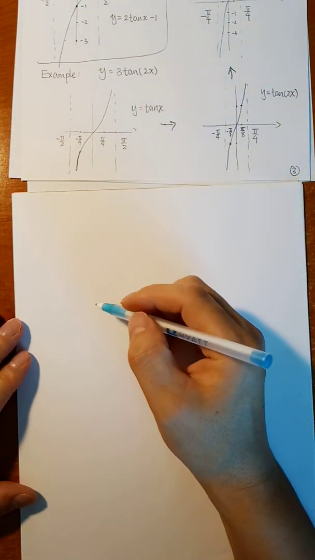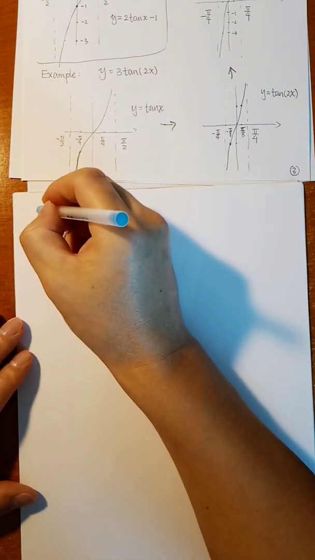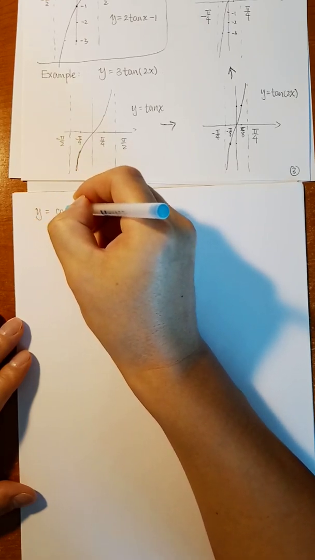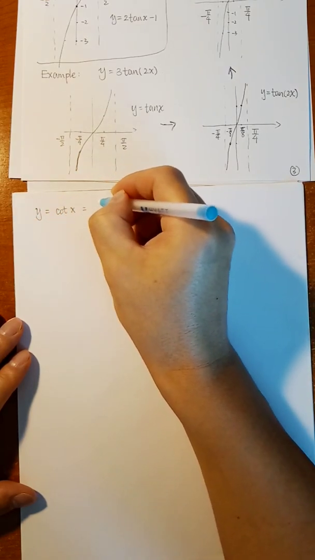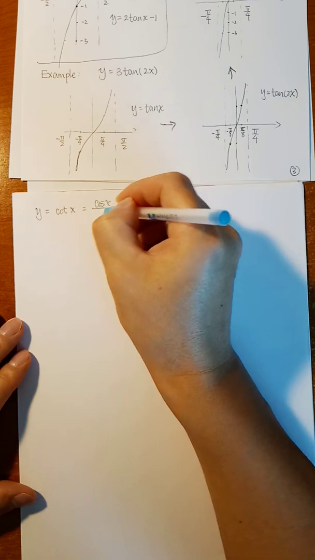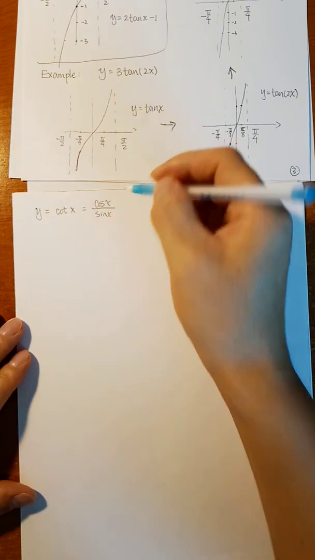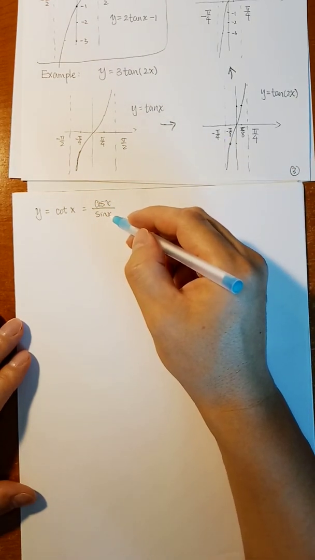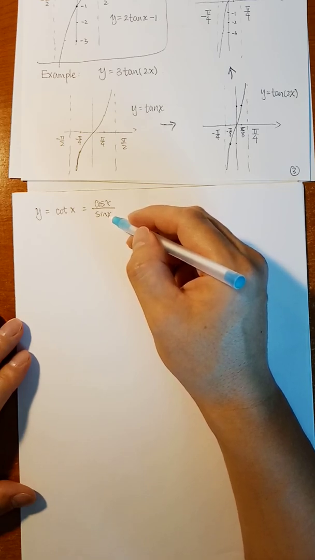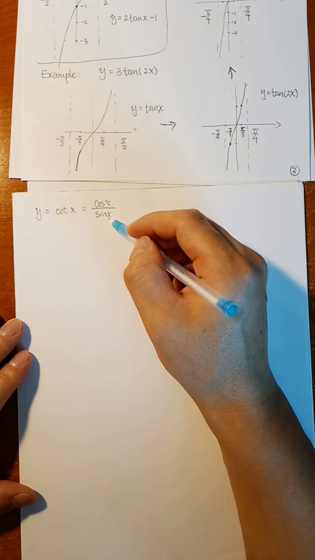Now let's see the cotangent. Cotangent is cosine over sine of x. When x is 0, cotangent is undefined. When x is pi, cotangent is also undefined, because sine 0 is 0, sine pi is 0.